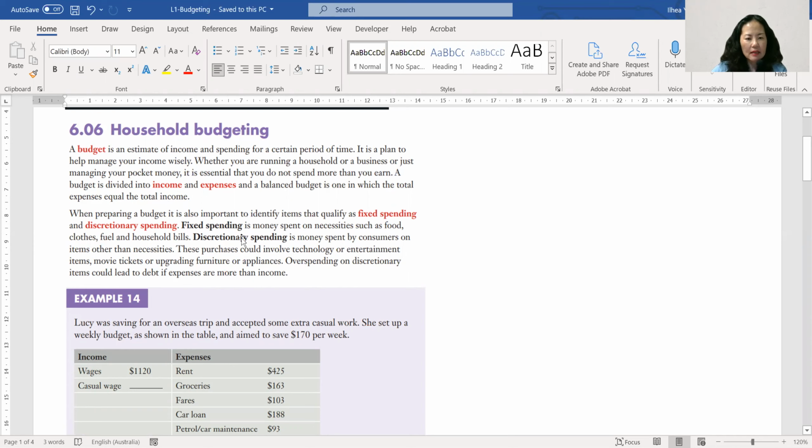fixed spending and discretionary spending there. The fixed spending is all the necessary stuff, like it says here, food, clothes, fuel, and household bills. It's necessary.